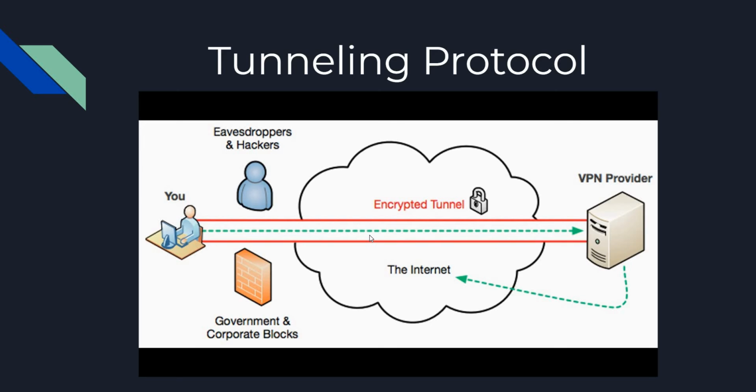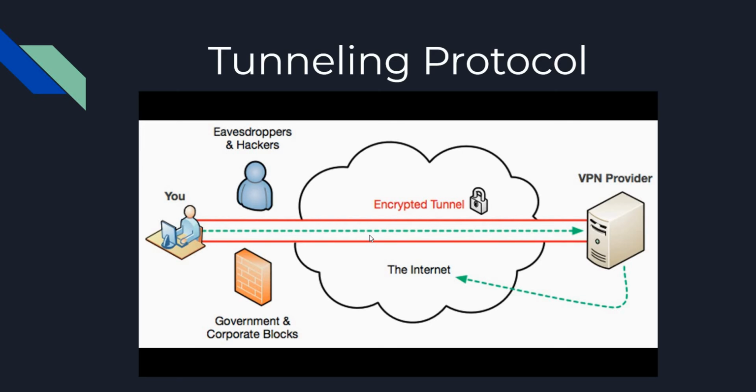And so the tunneling protocol that VPNs use works in a way where the data from your PC is sent using the client through a tunnel. And so all the data is in this tunnel, and everybody else on the internet can't see into this tunnel, so it protects the data. And if the tunnel experiences any form of attack on it, it will shut down the tunnel and reroute your data through a different encrypted tunnel.